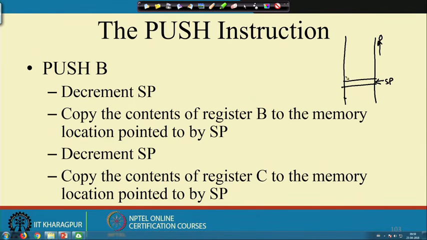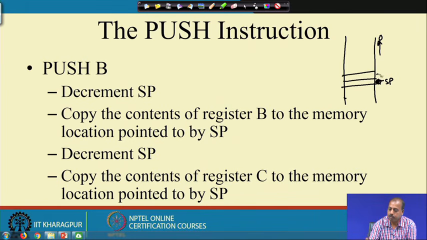Now the stack pointer points to this location, and then we copy the content of register B to the memory location pointed to by SP. Then we decrement the stack pointer further. Now it points to this location, and there we copy the content of the C register. So, this way it operates.